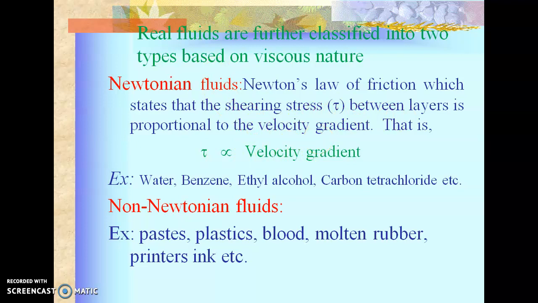Examples of Newtonian fluids are water, benzene, ethyl alcohol, carbon tetrachloride, etc. And examples of non-Newtonian fluids are plastics, blood, printer ink, and so on.